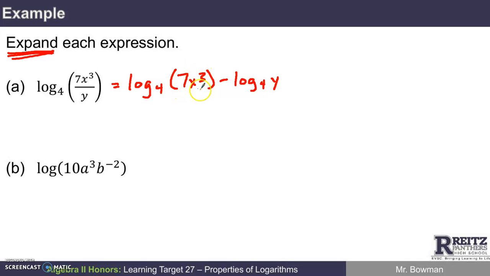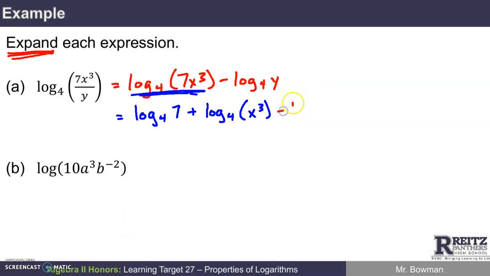So 7 times x cubed, I could rewrite just this term as a product. I could say that's log base 4 of 7 plus log base 4 of x cubed. And then I want to go back and not lose my minus log base 4 of y.